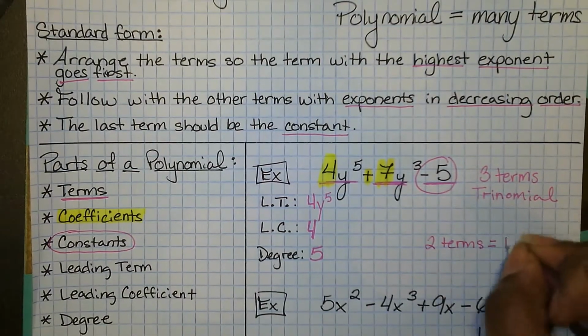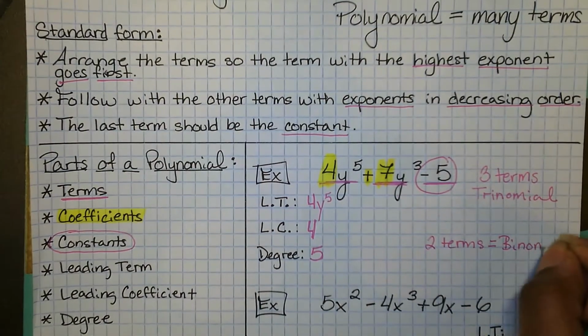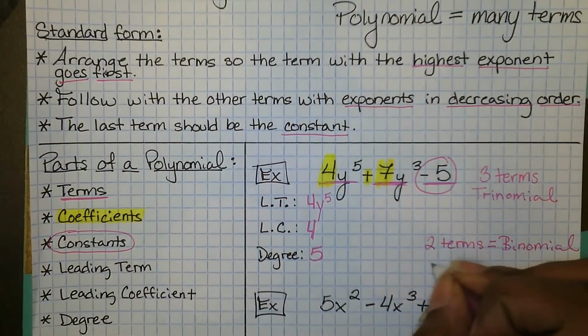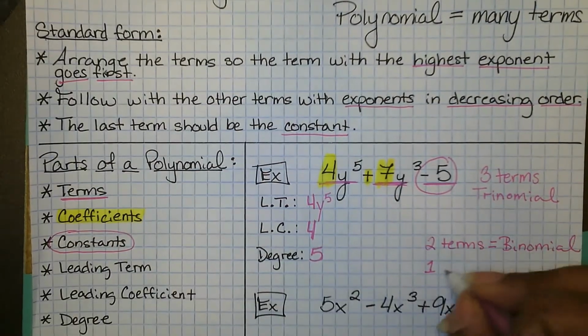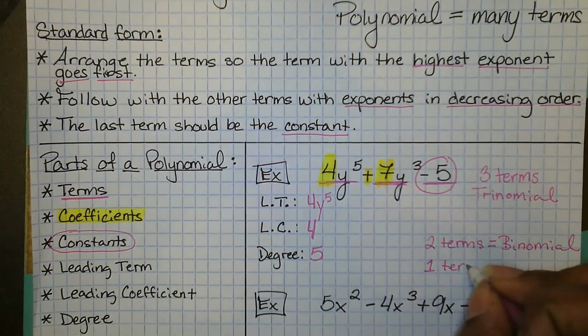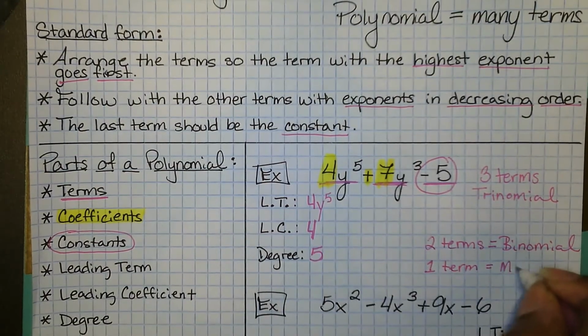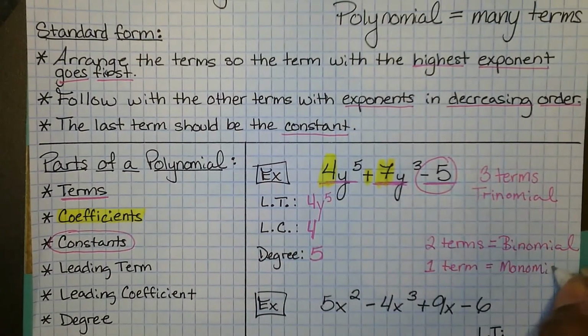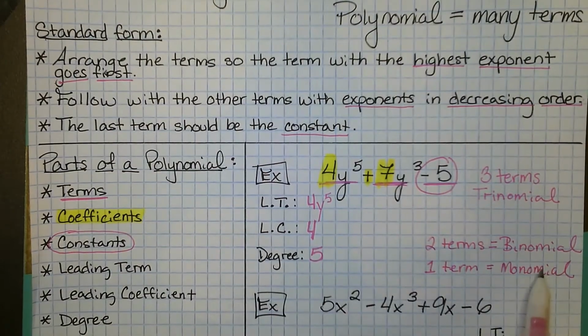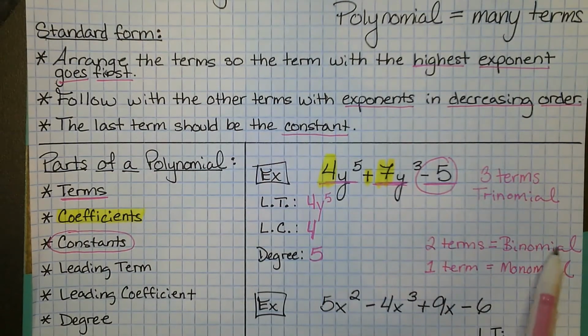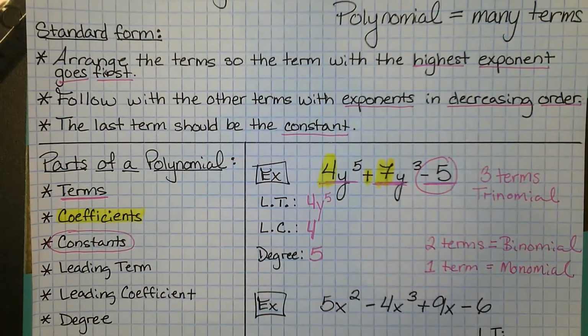That's known as a binomial. And then expressions that only have 1 term is known as a monomial. So we have a monomial, which has 1 term, binomial has 2 terms, trinomial has 3 terms, and anything larger than that we will call a polynomial.